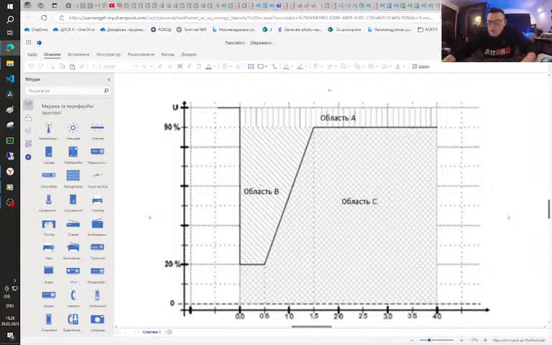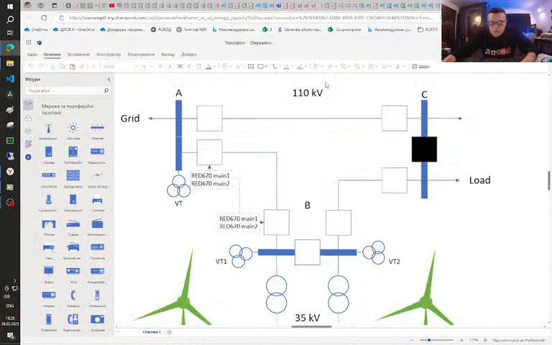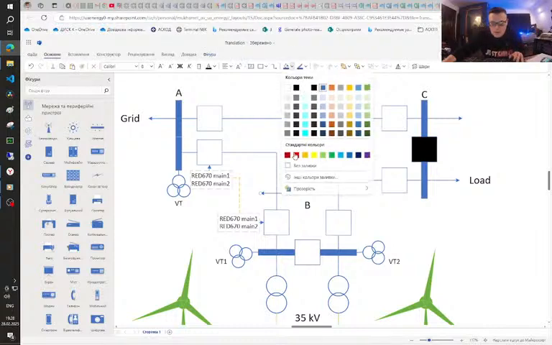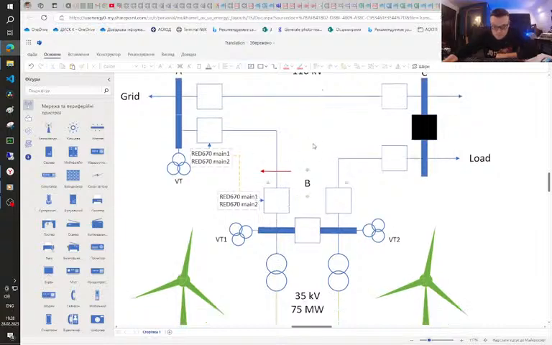So if we return to the short circuit, we have the short circuit here, and it was something around 1 kilometer from substation B.